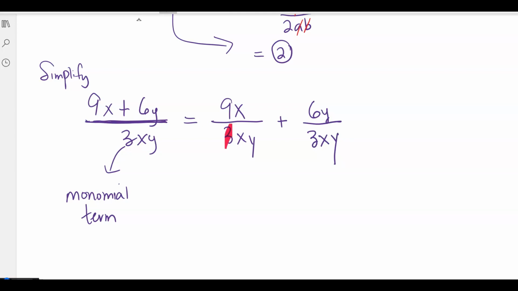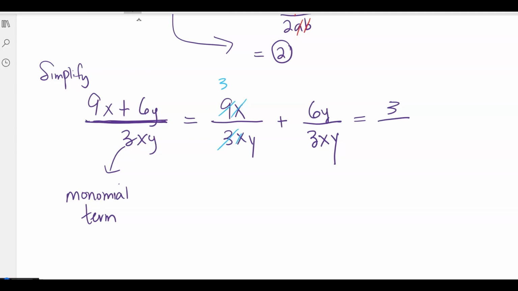And what you can do here is cancel these out individually. So we have 3 goes into 9 3 times. The x's cancel. And what's left is 3. Go over here.